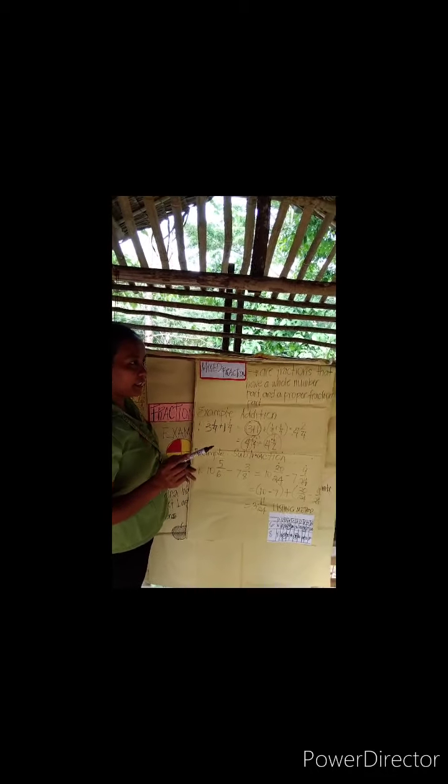Next is subtraction. Here we are in subtraction, class. It is the same process as the addition. Okay, 10 5/6 minus 7 3/8. Again, class, we find the least common denominator to get the correct answer. So, what is the common denominator of 6 and 8?